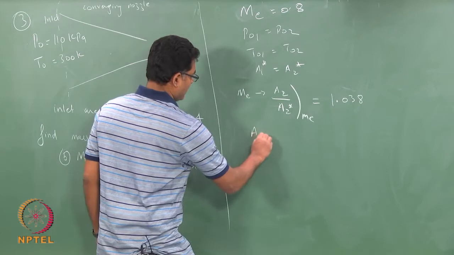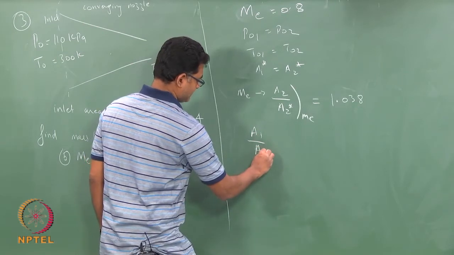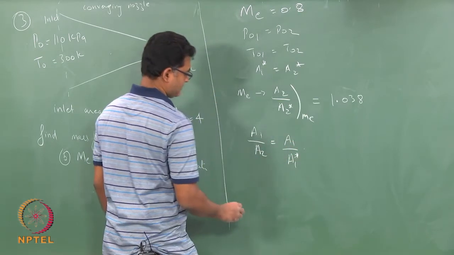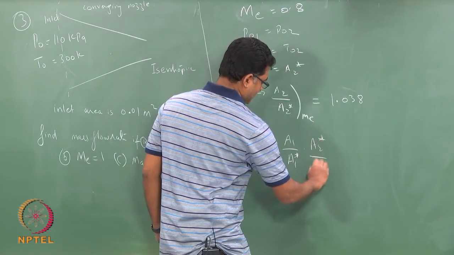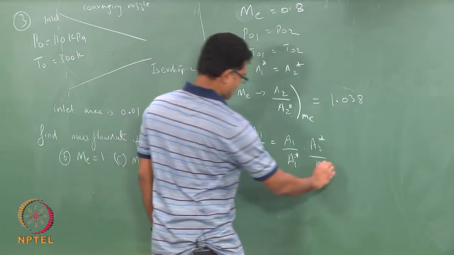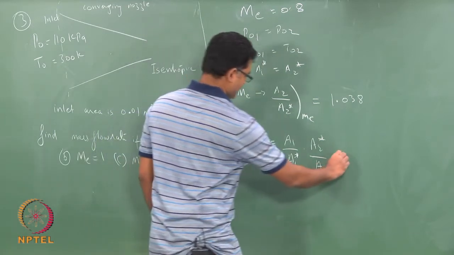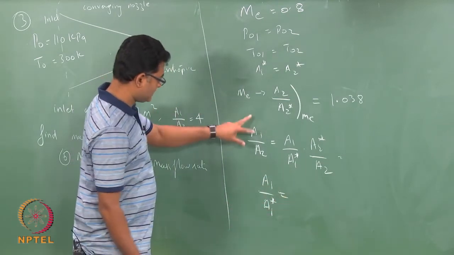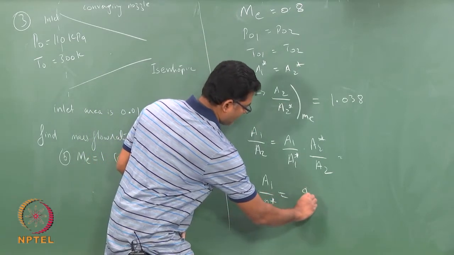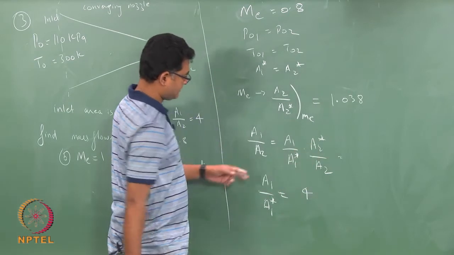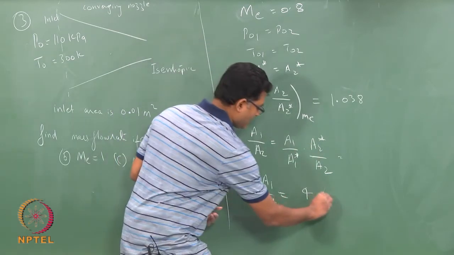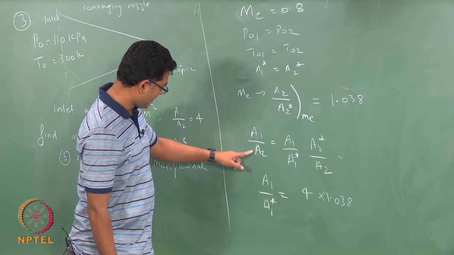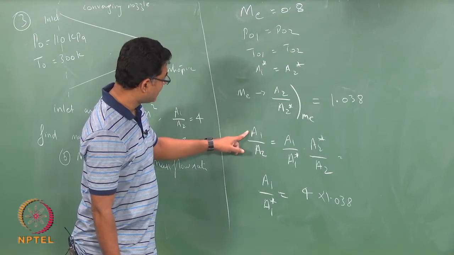Now, from A1 by A2 equals A1 by A1 star into A2 star by A2, from which I can get A1 by A1 star, which, so this is 4, multiplied by 1.038, correct, A1 by A1 star multiplied by this.